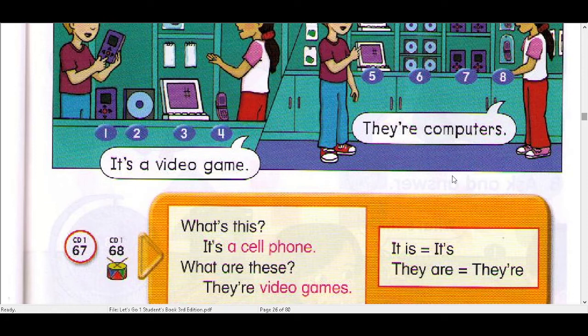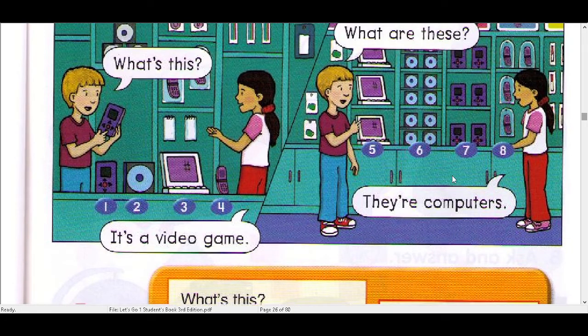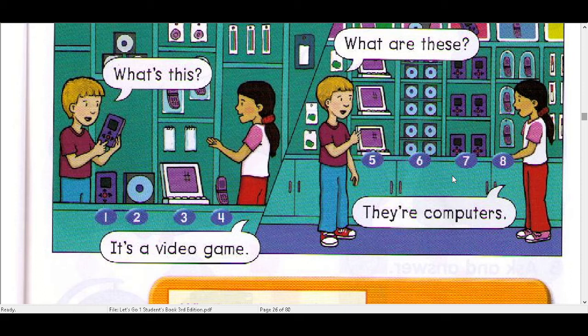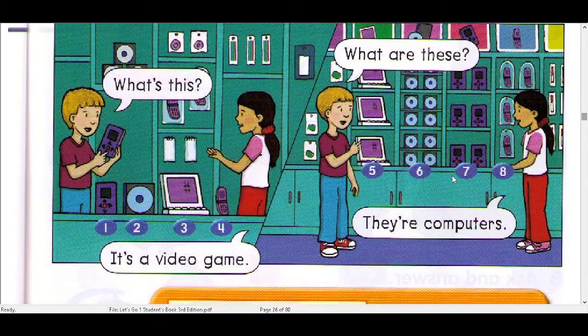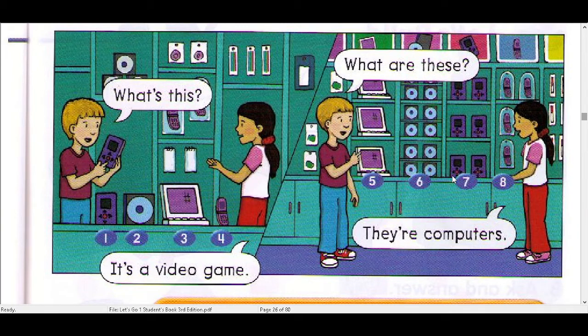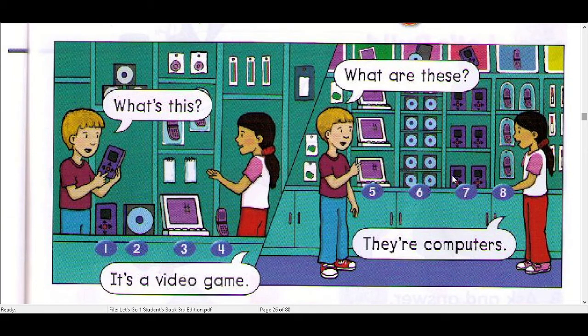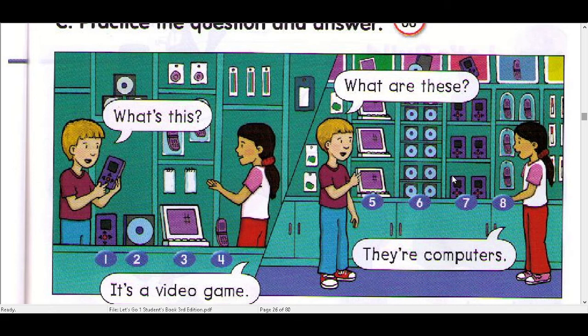It's a CD. What are these? They're computers. What are these? They're cell phones. What's this? It's a video game. What are these? They're CDs. What are these? They're video games. What's this? It's a computer. What's this? It's a cell phone.